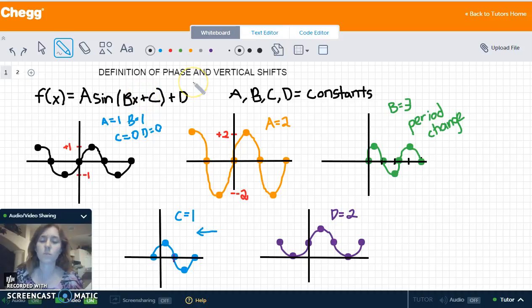The original sine graph that we usually see is depicted right here. In that case, a will be equal to 1, b will be equal to 1, and c and d will be equal to 0. So you've got your general f of x is equal to sine of x, the typical equation we usually see.